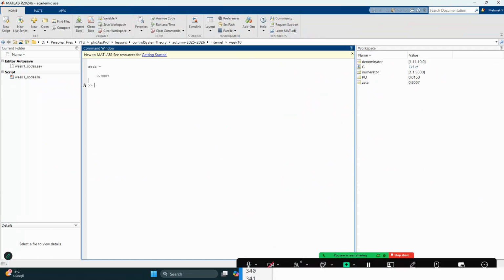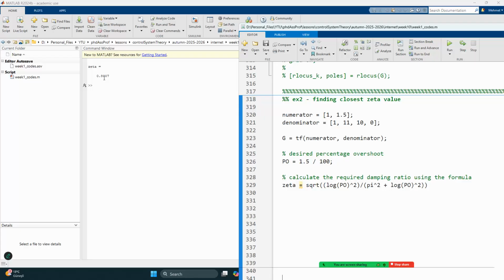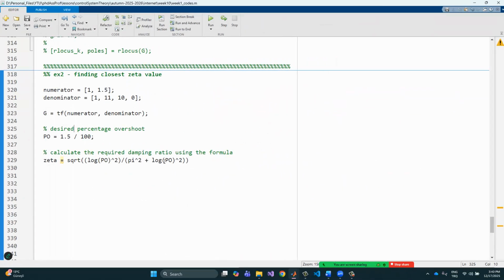And so what is the meaning of this? In order to set this system in the unit feedback system, if we want to set the desired percentage overshoot 1.5, we should find the 0.8 on the root locus. Okay, and so but how we can do that?